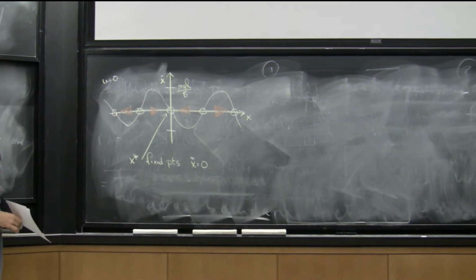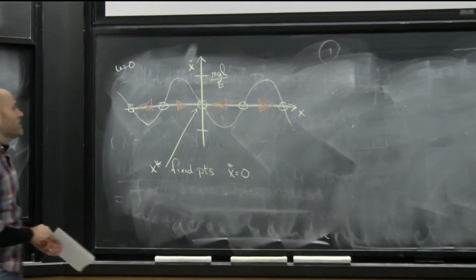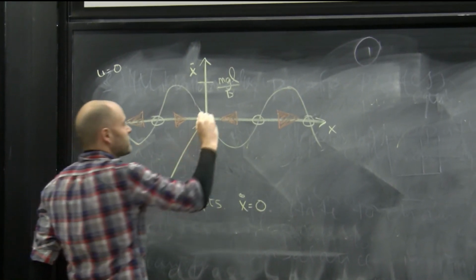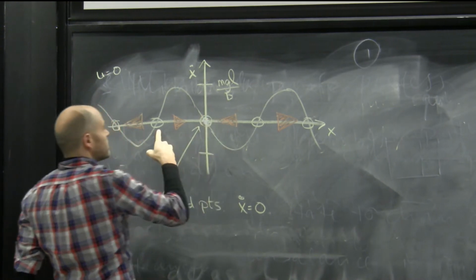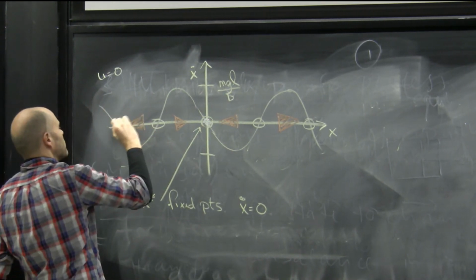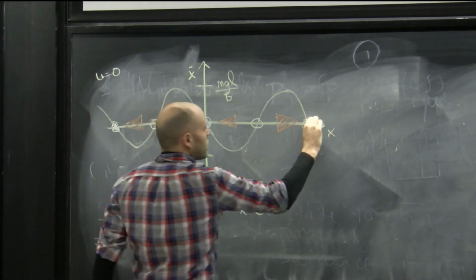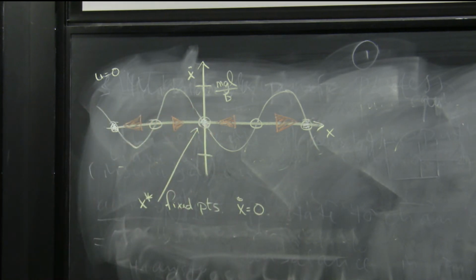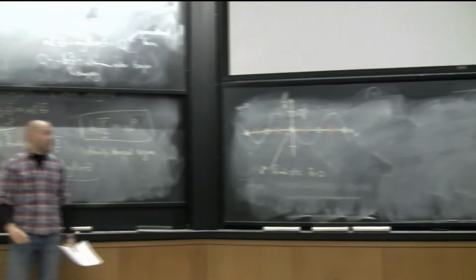So I can instantly see that this fixed point is a stable fixed point, and this is an unstable fixed point, and this is a stable fixed point, and so on. So from visual inspection, for any initial condition, I can instantly tell you the answer to this question: what happens as t goes to infinity?